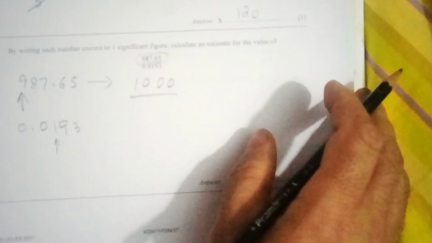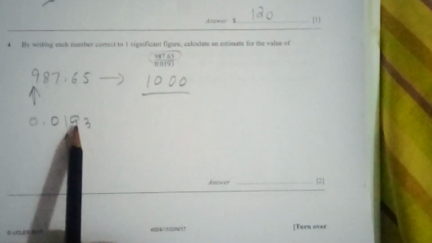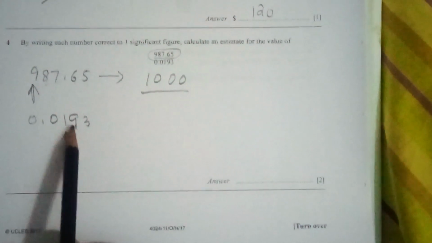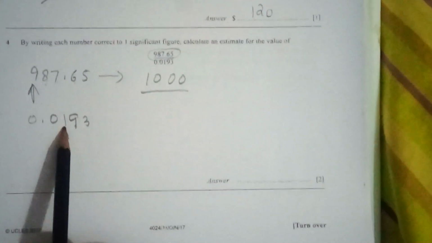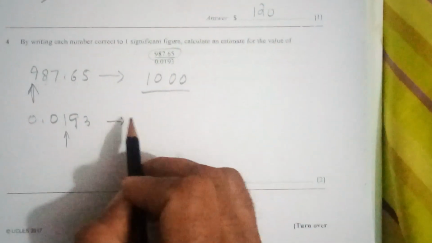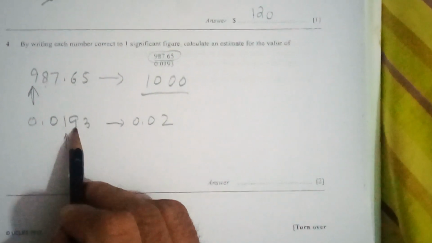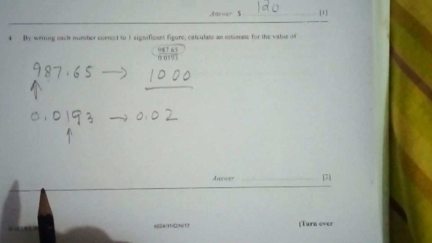Before converting this number, I have to see the next number. This number is 9, which is more than 5. So I have to round this number up. So this will become 0.02, and then I will remove these two digits here.